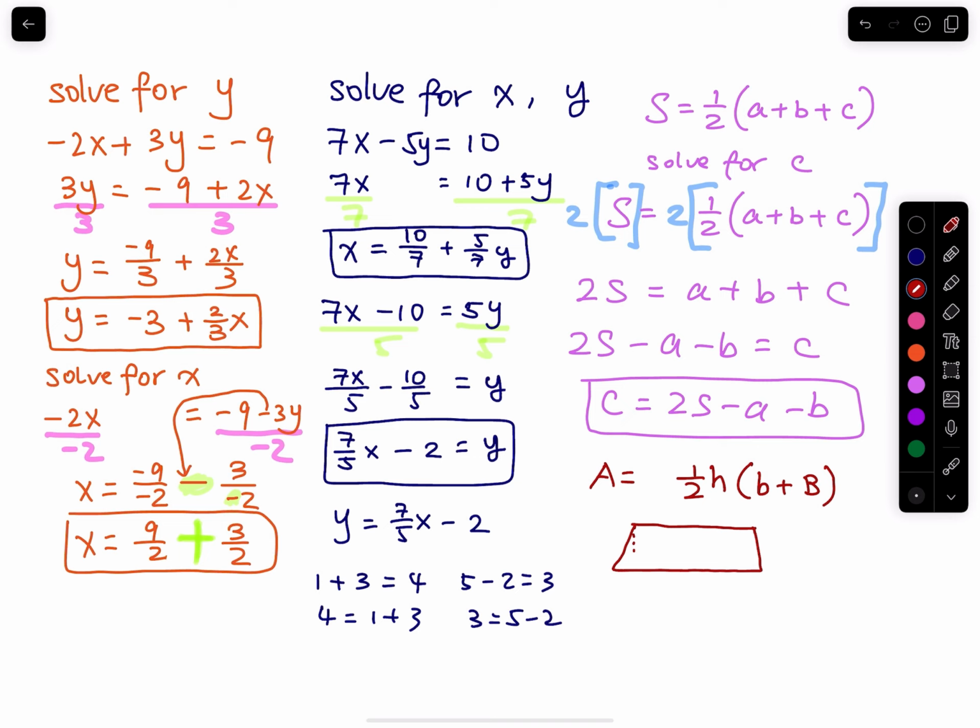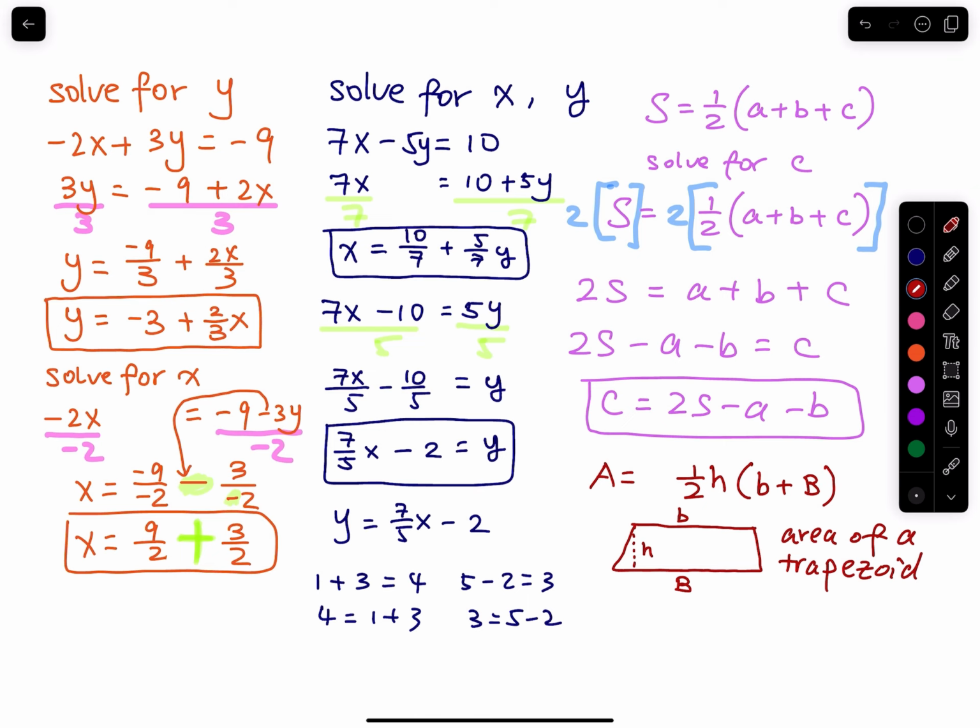This is the height, this is a base, this is another base. I call these the lower base and the upper base, the big B and the small b. You add the two bases, you multiply by the height, and then you divide by 2. So this is the formula for the area of a trapezoid.